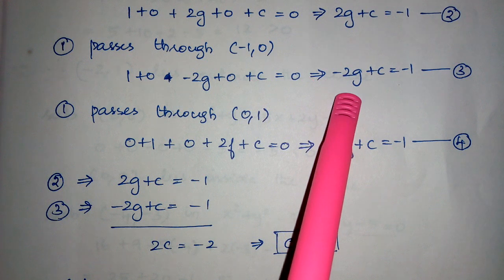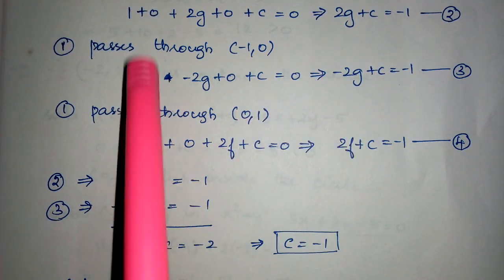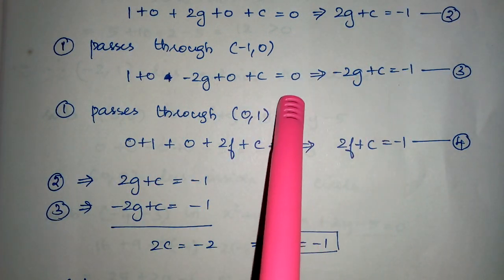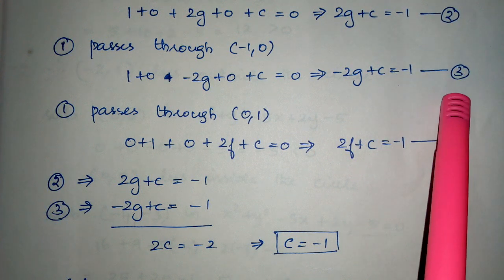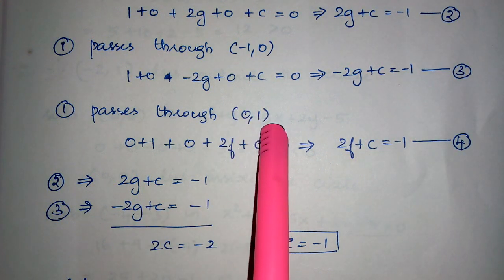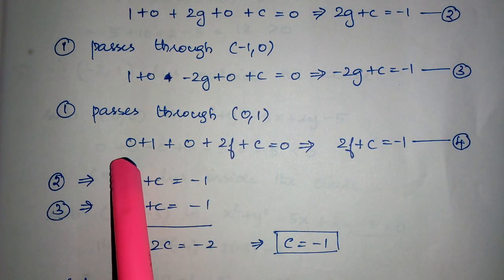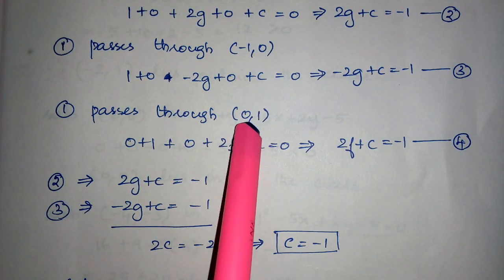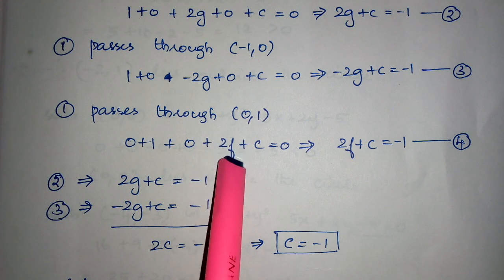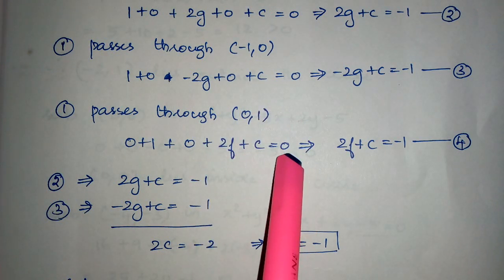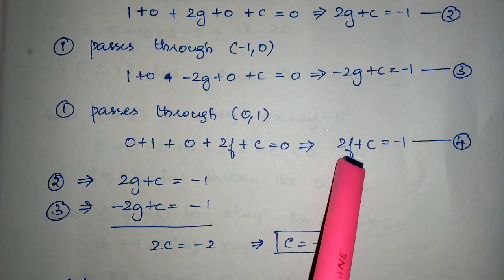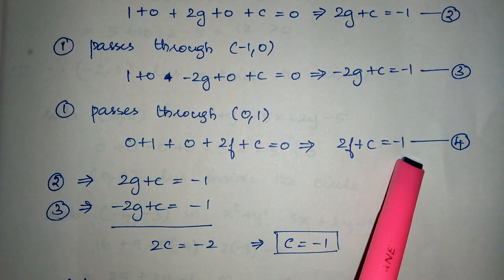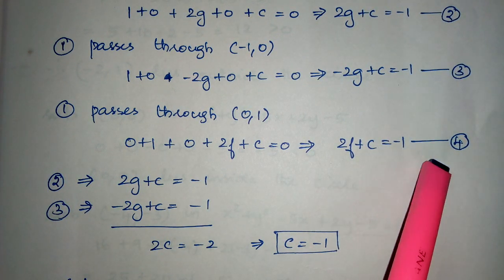So -2g + c = -1, taking the 1 to the right hand side. Now consider this as equation 3. Similarly (0, 1) also. 0 squared is 0, 1 squared is 1, plus 2 into g into 0 is 0, and 2 into f into 1 is 2f, plus c is equal to 0. So 2f + c = -1, taking the 1 to the other side, which is taken as equation 4.